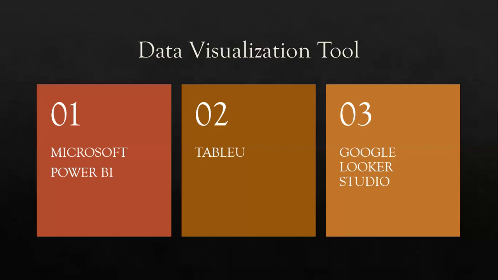It's just like your Microsoft 365, like your Excel online. So everything you're doing on Google Looker is going to be on the web, all right? So these are basically the three most popular visualization tools that you're going to be using in data analysis. And the most popular one of them is Microsoft Power BI.